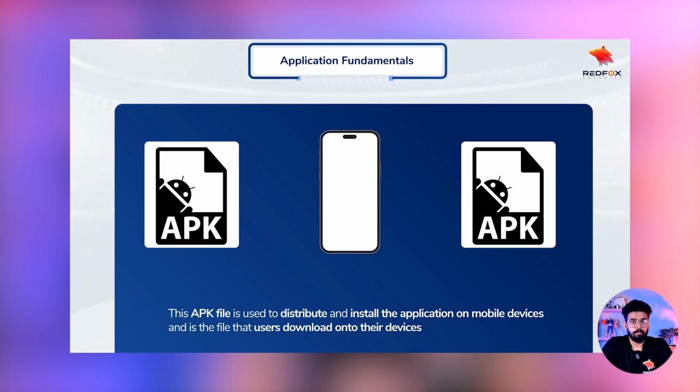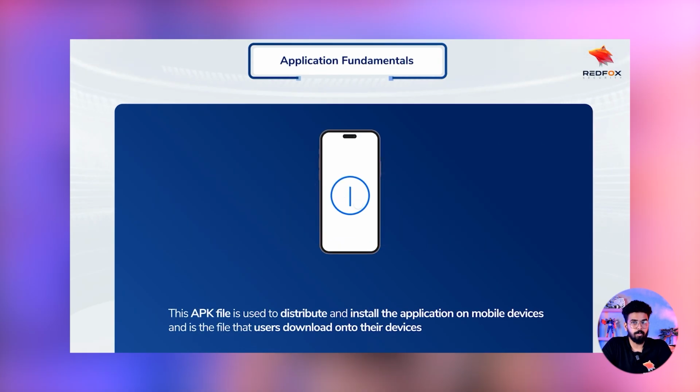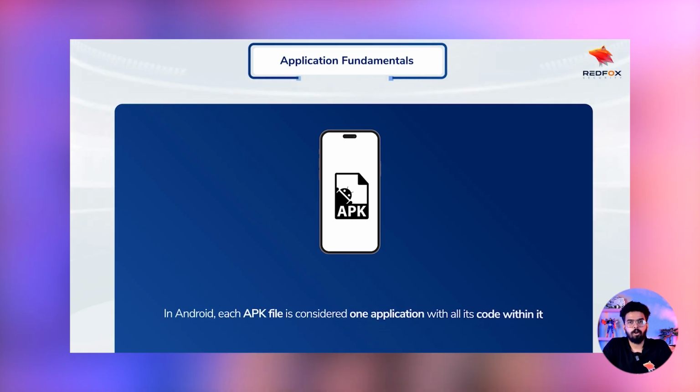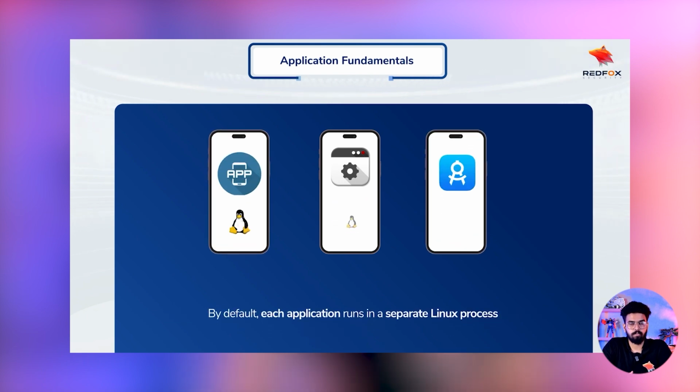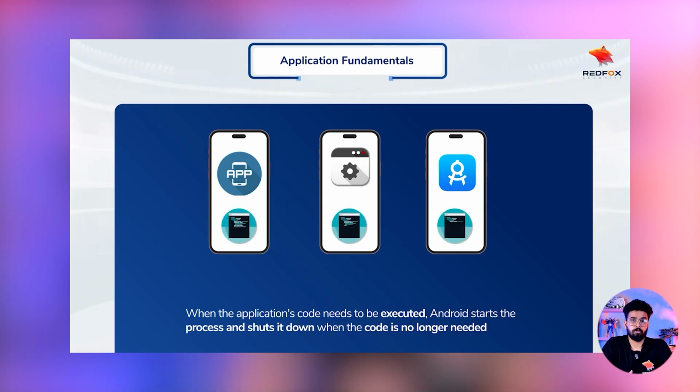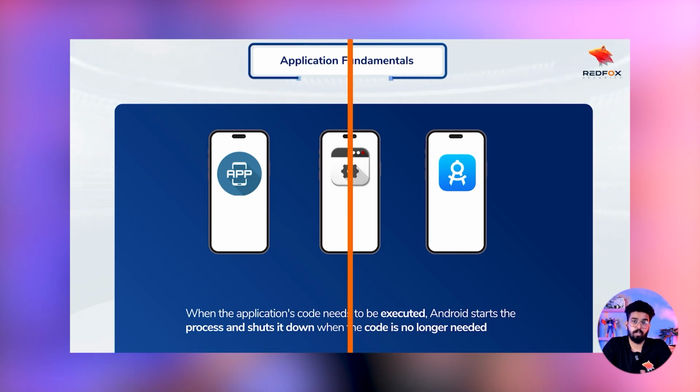This APK file is used to distribute and install the application on the device. In Android, each APK file is considered one application with all its code within it. By default, each application runs in a separate Linux process. When the application's code needs to be executed, Android starts the process and shuts it down when the code is no longer needed.